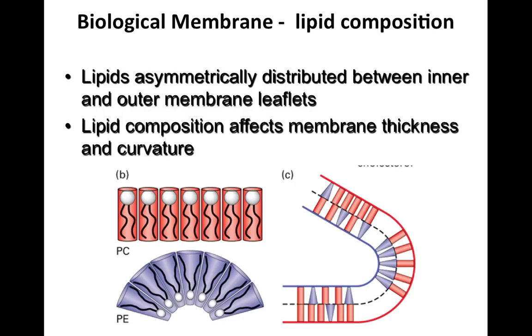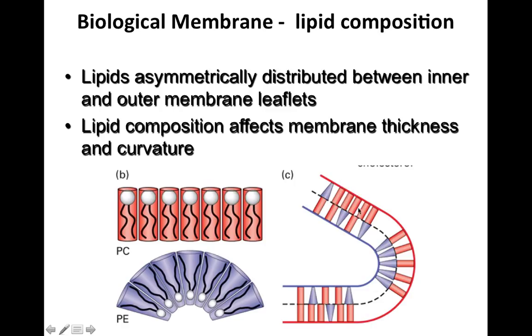And as you can see, in PC there is some curvature, there are some kinks within the fatty acid tails, but they're also more tightly packed. They're a little bit closer together compared to, say, PE fatty acid tails, which are wider and a little bit looser. So therefore, many biological membranes will vary with their lipid composition.